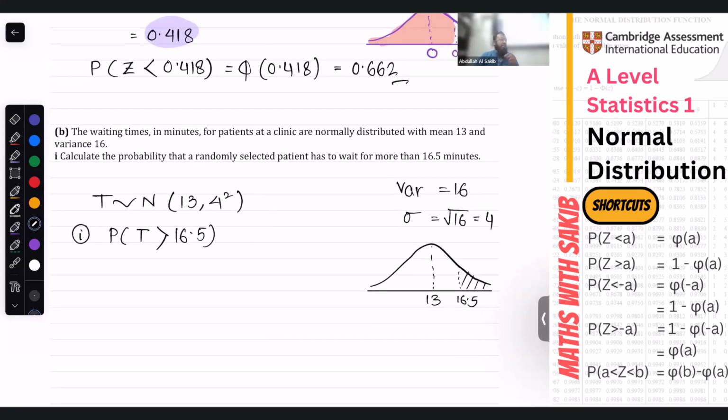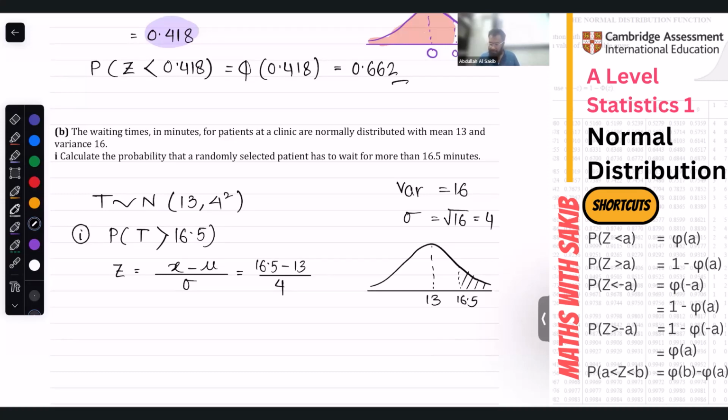But for this, we need to convert our random variable to a standard random variable. Clear? So that is z equals x minus mu divided by sigma.